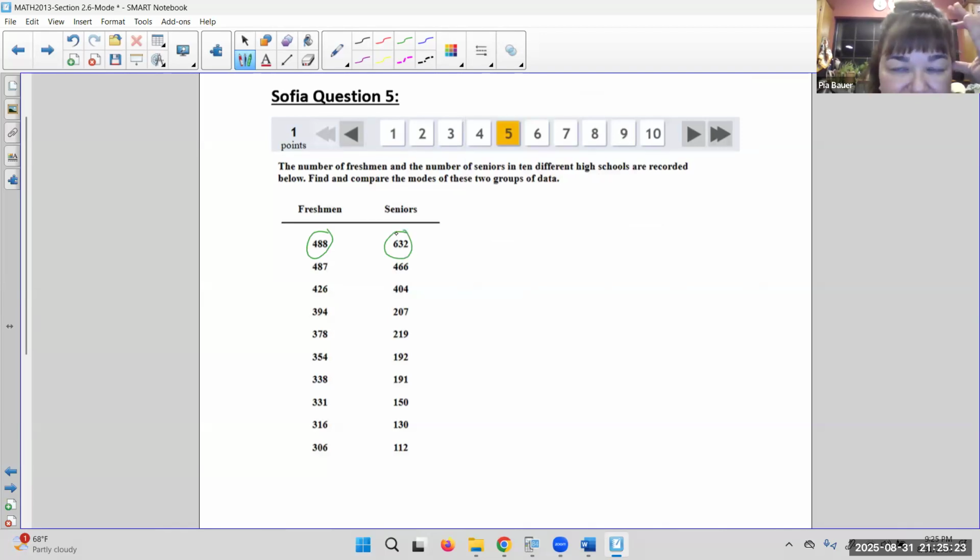This question is a trick question because you really need to have the high schools to figure out if that's really the mode. Like I would have to know, is this the value for high school A? And is this also the value from high school A? So we really can't find the mode on this one.